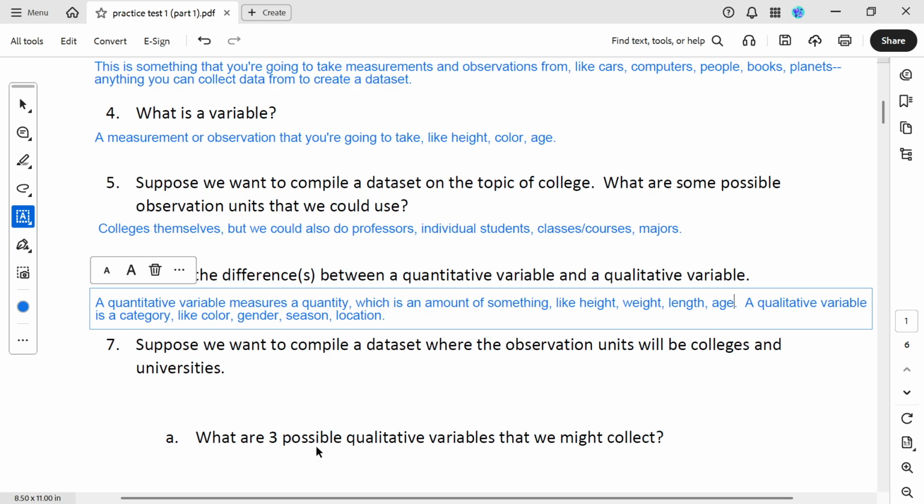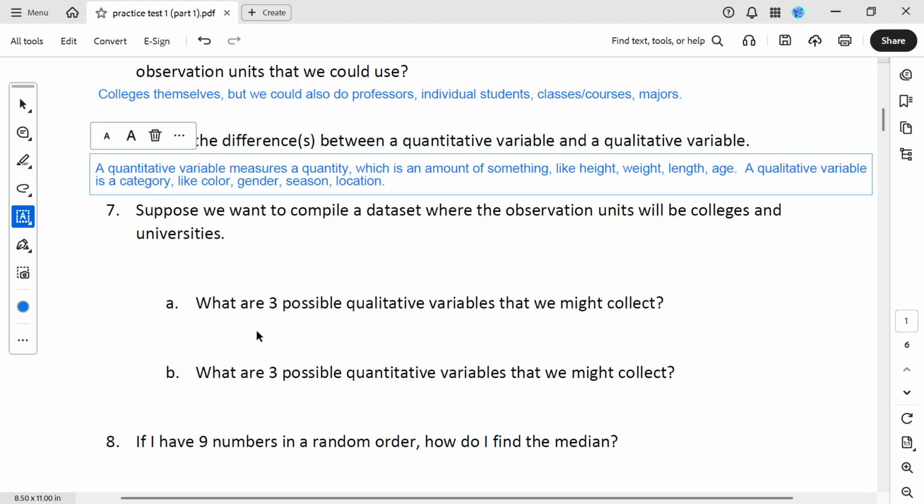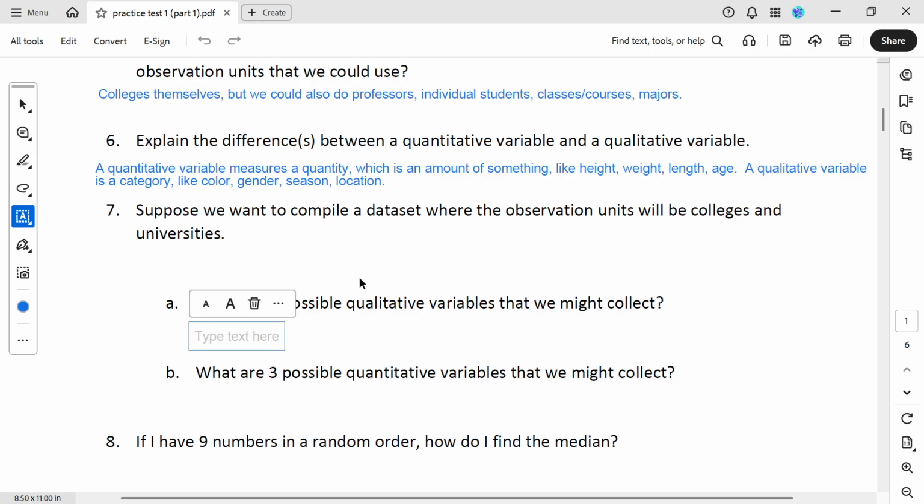All right, number 7. Suppose we want to compile a data set where the observation units will be colleges and universities. What are 3 possible qualitative variables that we might collect? Okay, so we could do public versus private versus for-profit. Public-private is probably just the easiest way to do it. So that could be one variable.